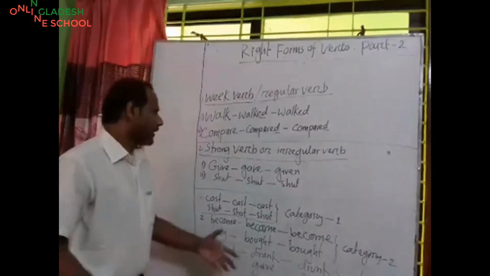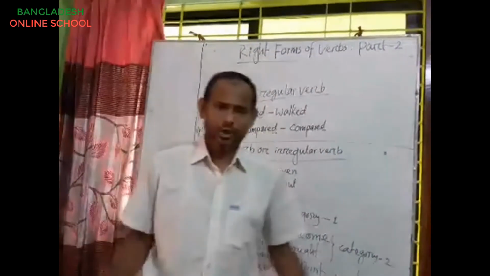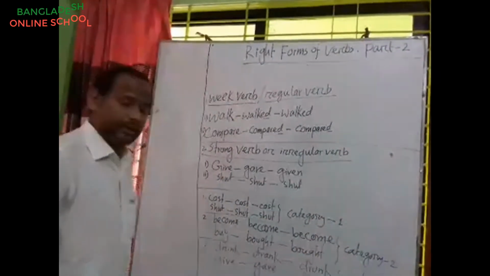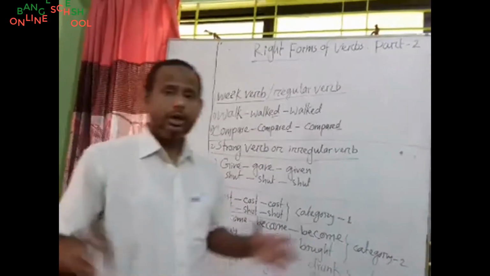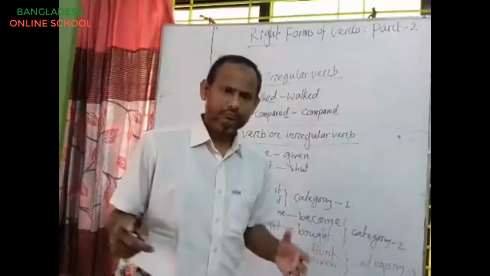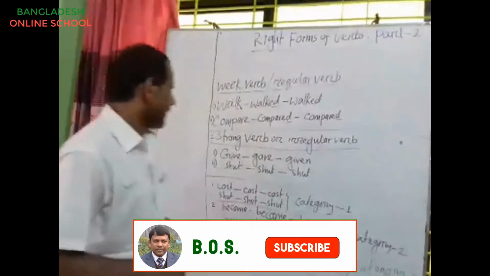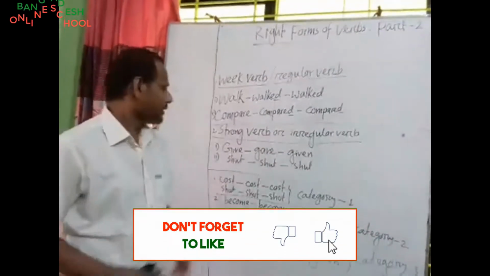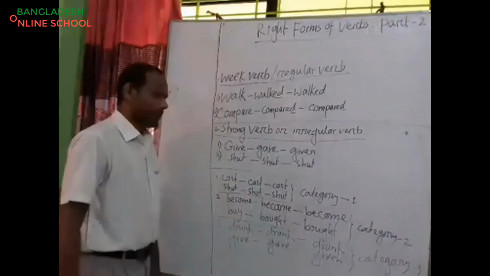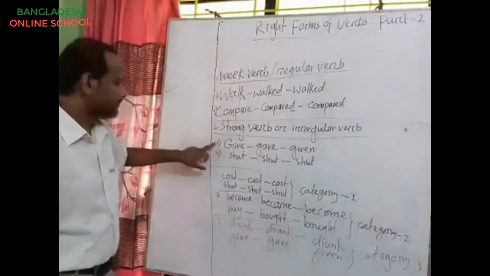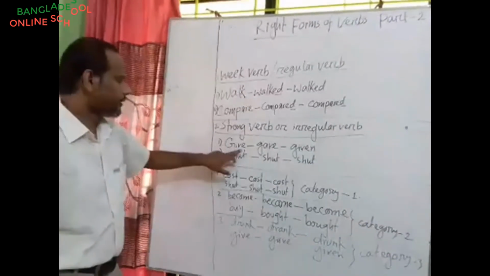Then come to the strong verb. What is strong verb? The verb that does not have regular d or ed at the end of past form or past participle form is called a strong verb. Okay, see the examples. Give is a verb.